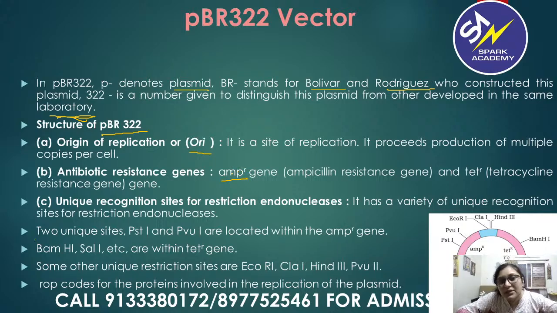If this plasmid is transferred into a host cell, the cell will get resistance against both ampicillin and tetracycline. It has a variety of unique recognition sites for restriction endonuclease. Two unique sites, PstI and PvuI, are located inside the ampicillin resistance gene.